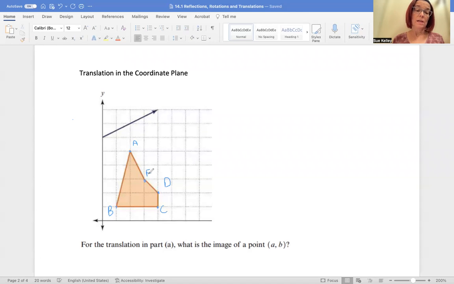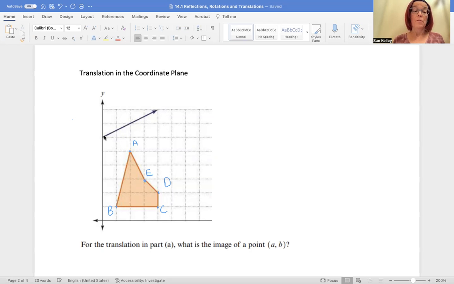So now that I have labeled my vertices, I can translate them. I'm going to translate according to this arrow here, this distance and direction.